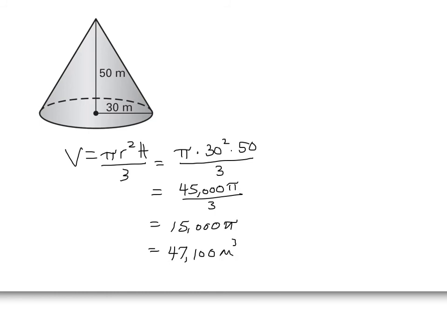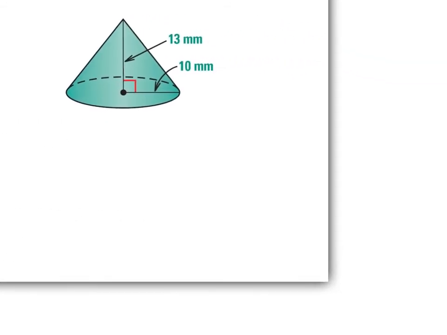And then this last example, as we look at the cone here again, the volume of the cone is pi r squared h divided by 3.